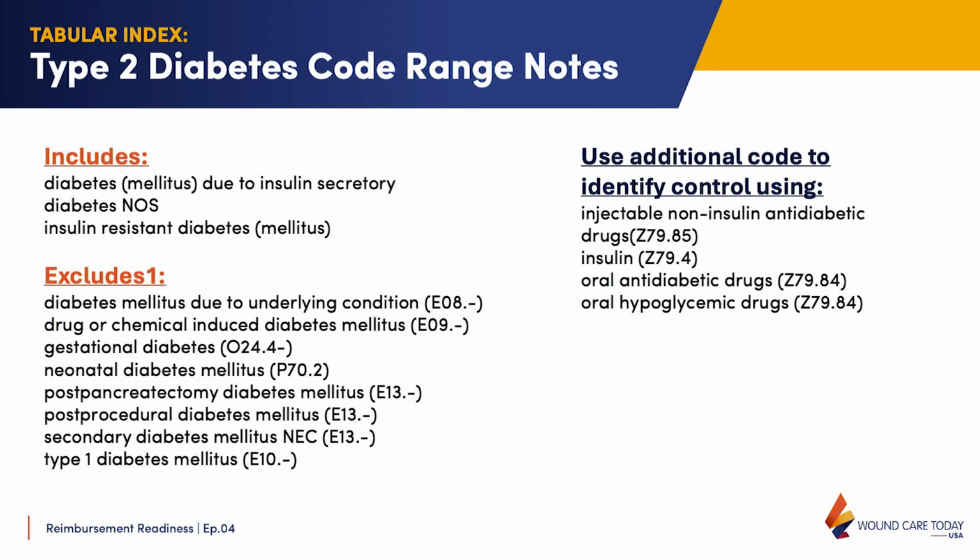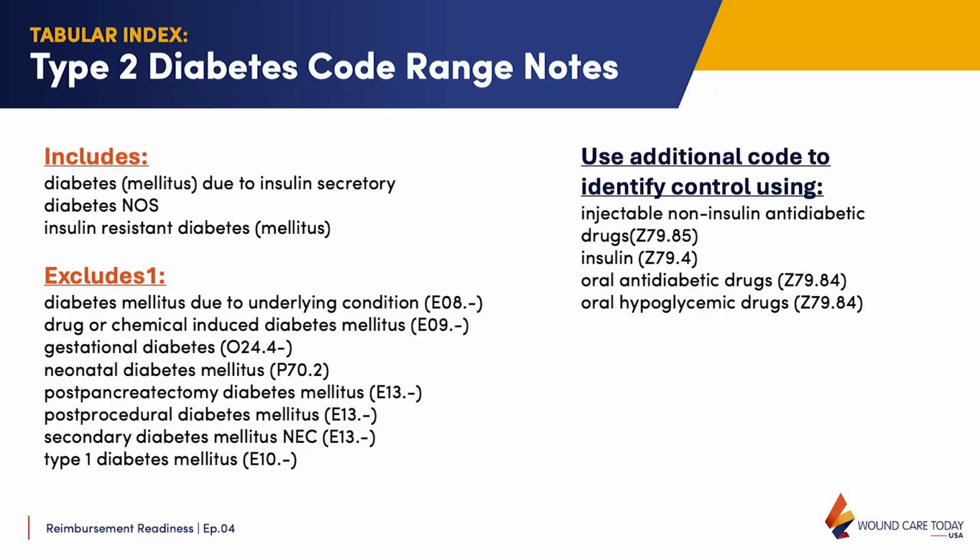So in the tabular index under type 2 diabetes, there are a bunch of code range notes. So that's at the beginning of this chapter or section of the tabular index. So basically what it says is that included with the type 2 diabetes code range, it includes diabetes due to insulin secretory problems, diabetes not otherwise specified, NOS, insulin resistance diabetes.